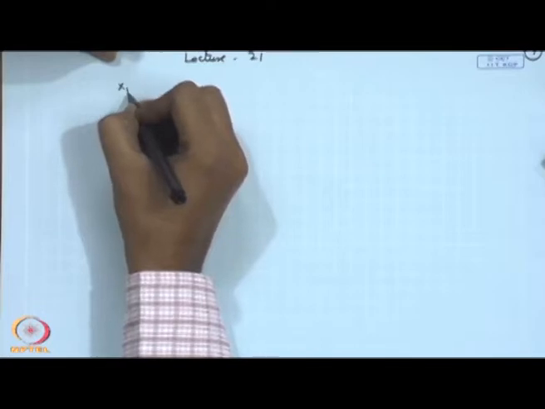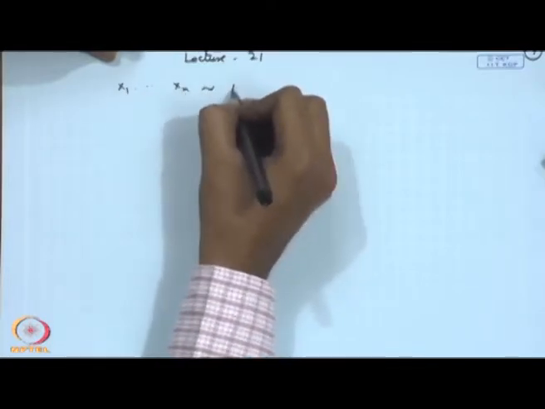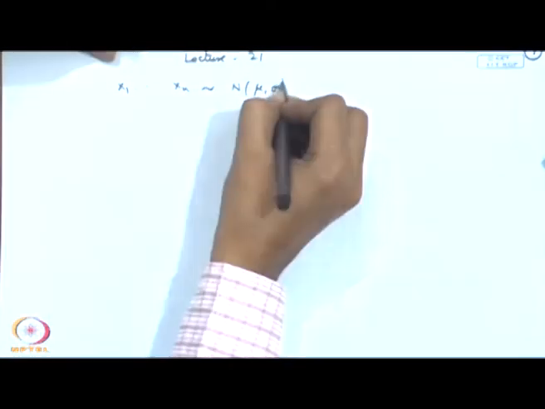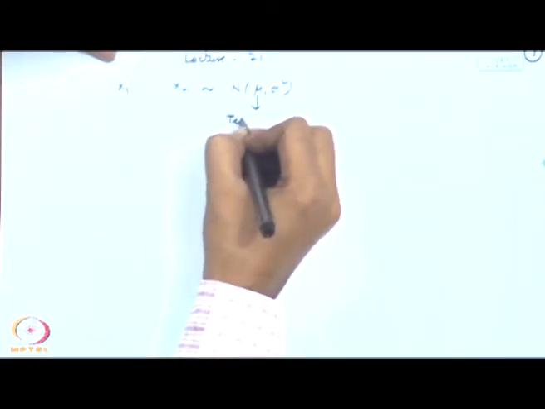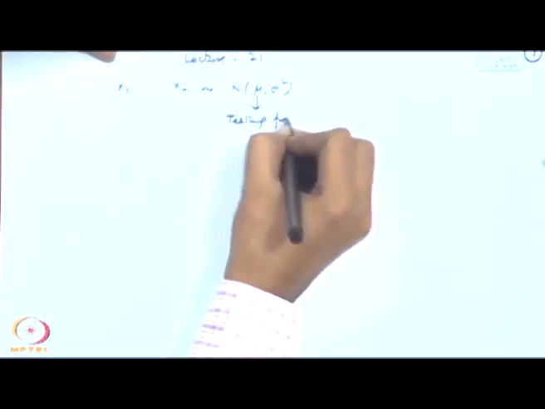Basically, these distributions will be used when we consider testing in the multivariate normal population. If you remember the earlier lectures on the testing of hypothesis, we have introduced the testing for the parameters of a normal population. For example, testing for the mean: we have considered say X1, X2, ..., Xn, a random sample from say normal mu, sigma square. Then we have considered testing for mu.